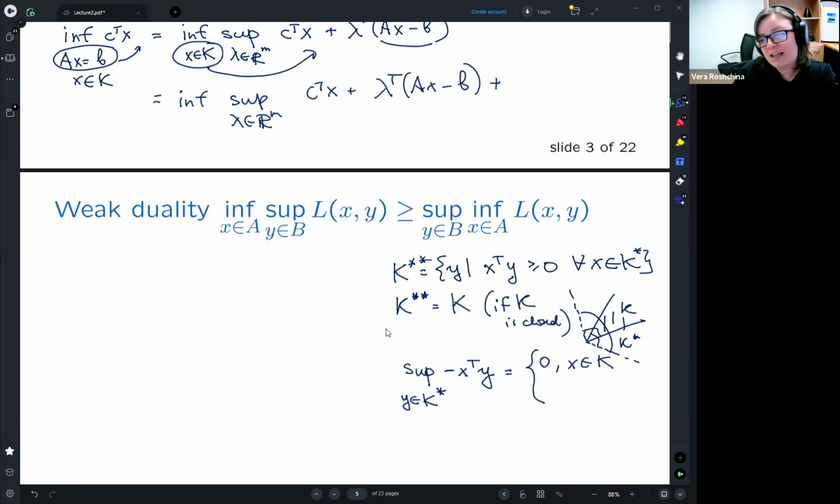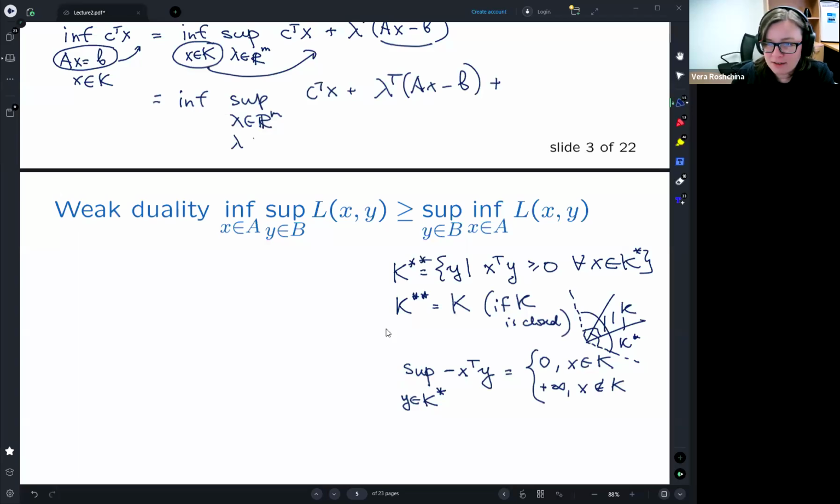And if x is not in K, then I will find some point here such that this inequality will be negative, and then because we're dealing with cones, I will have plus infinity here. Okay, so now I can simply plug this dual cone into the supremum here.